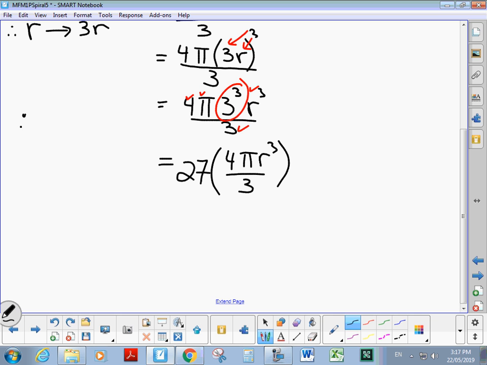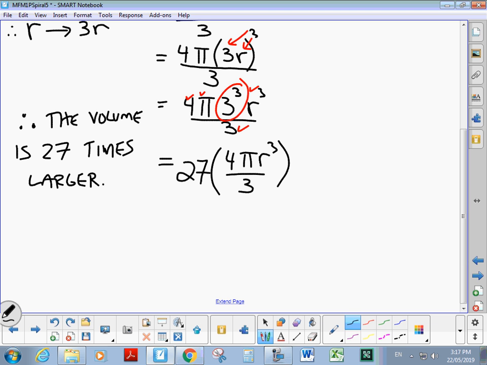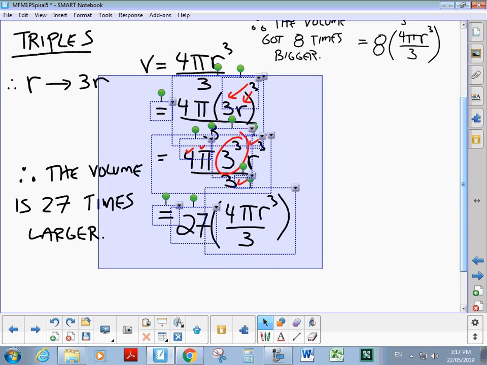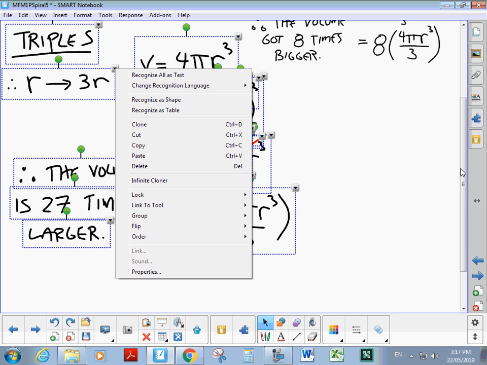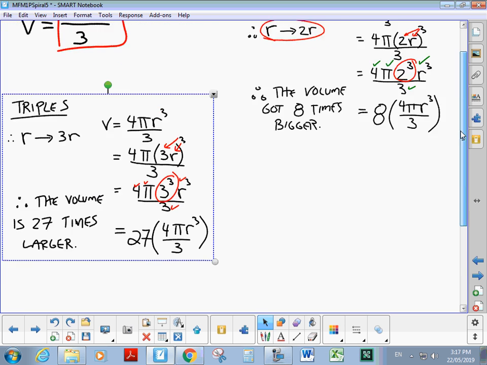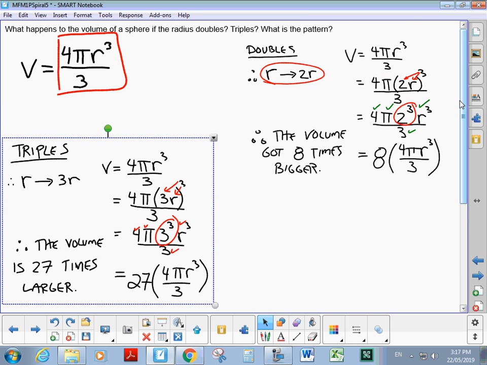So therefore, the volume is 27 times larger. All right. And then again, I'm just going to shrink this so that I can bring it all together. So what is the pattern here? Because that's what the original question wants to know.